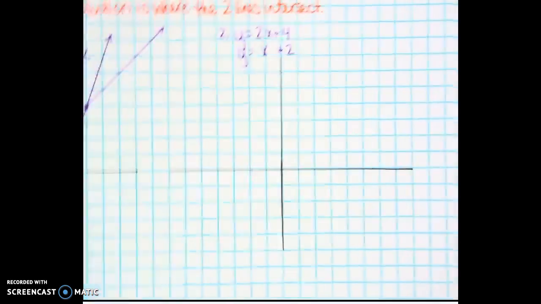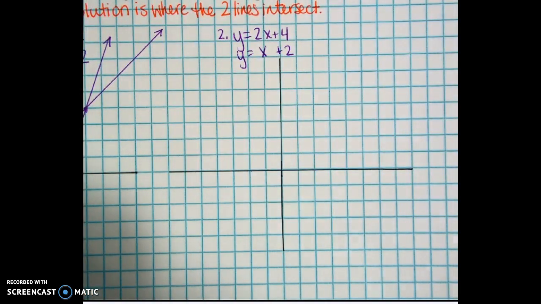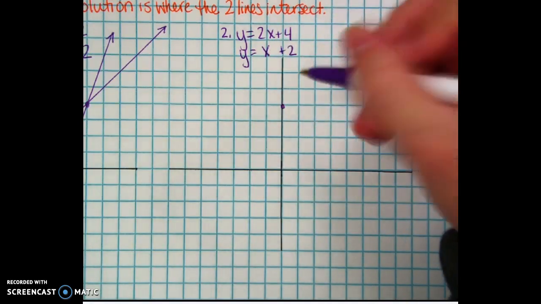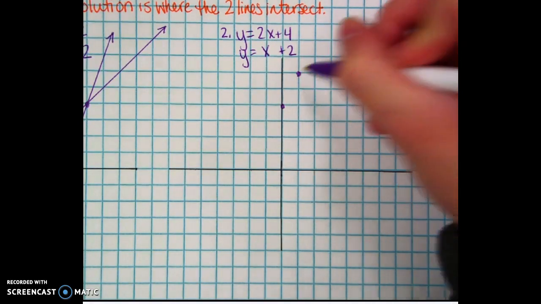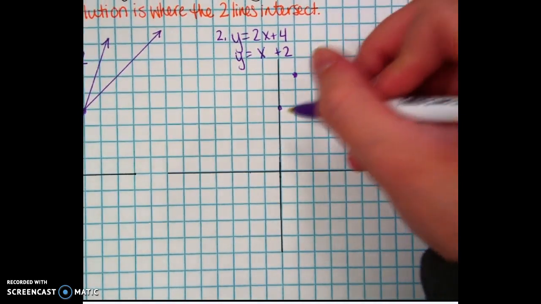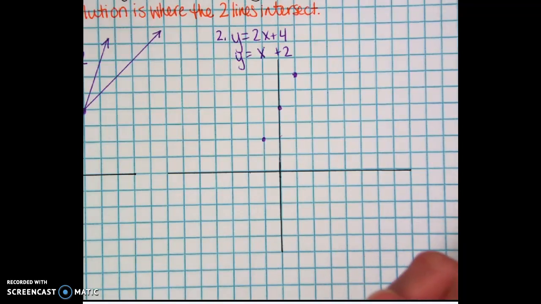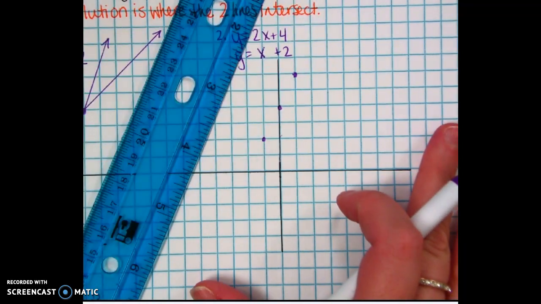Okay. So the first one starts at a +4. And then the slope tells me to go up 2 over 1. You could also go down 2 over 1 the other way. So 1, 2, 1. It's the same line. I am going to draw my line.